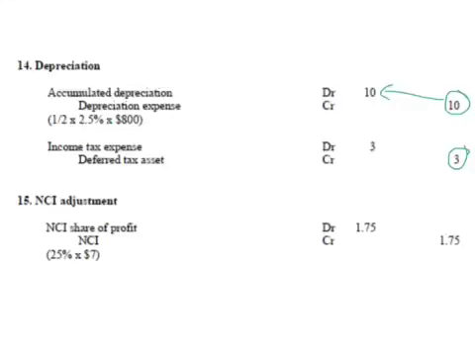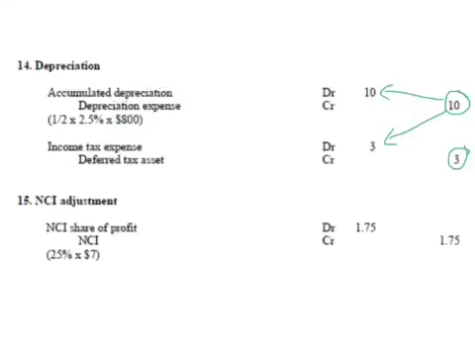And as we adjust the depreciation expense in the income statement, we also have to reverse the income tax expense. So those are the normal entries for dealing with an intergroup sale of machinery or plant on consolidation.